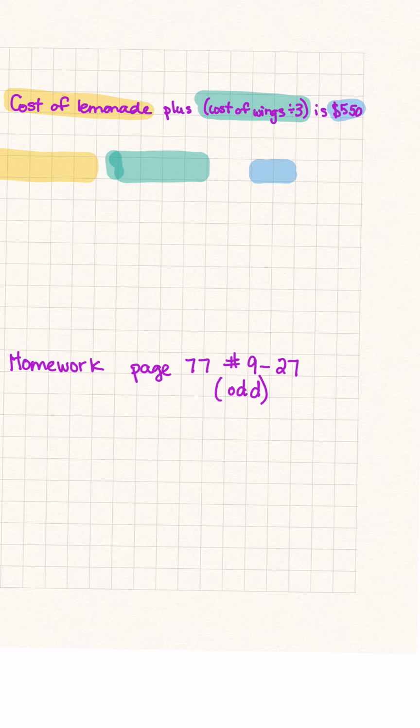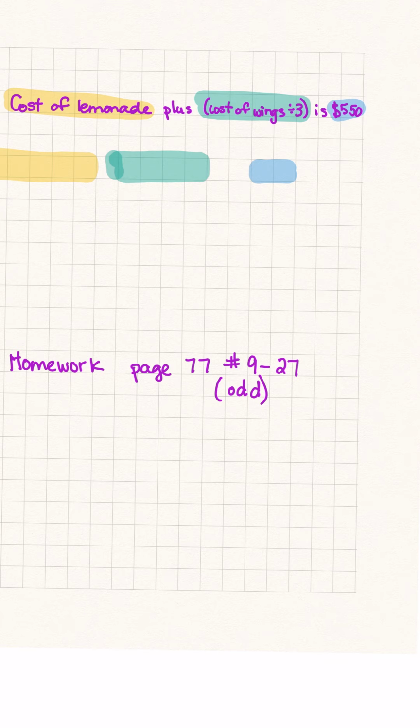So now let's look at applying this. Suppose you buy a jumbo lemonade for $1.50 and divide the cost of an order of chicken wings with 2 friends. Your share of the total bill is $5.50. Write and solve an equation to find the cost of the chicken wings.